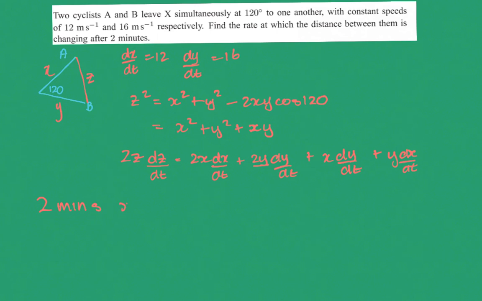Okay, now we want the rate of change at 2 minutes. So at 2 minutes, x distance is 1440, y is 1920, dx/dt is still 12, dy/dt is 16, and we'll need to continue over the page.